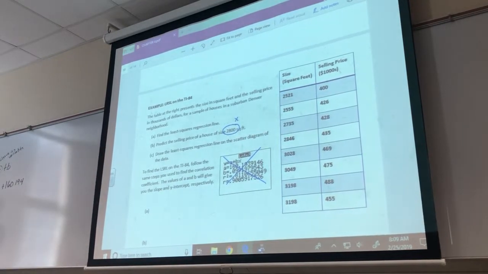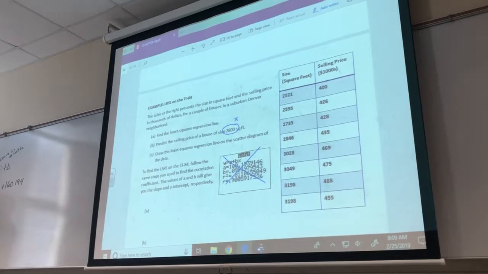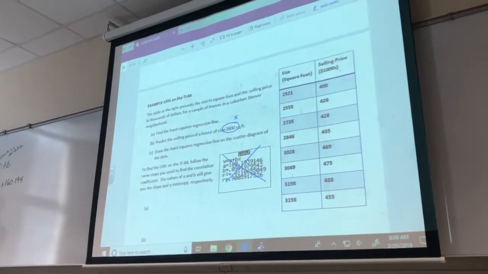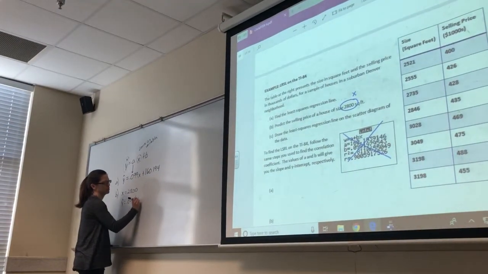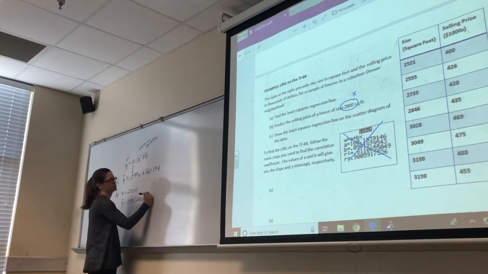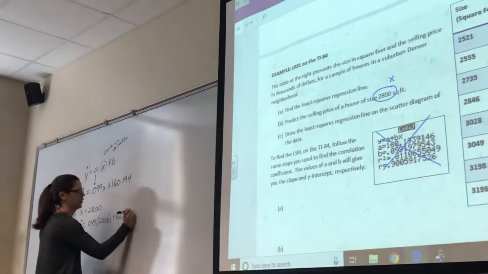So for part B, we have the x is 2,800. So we're just going to plug it into our formula. Y hat equals 0.099 times 2,800 plus 160.194.